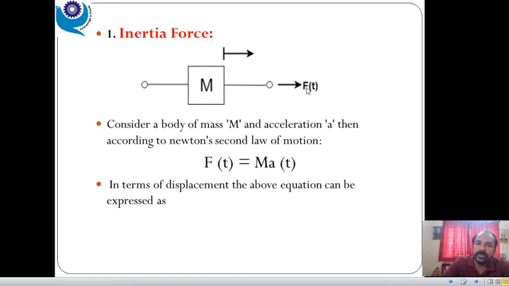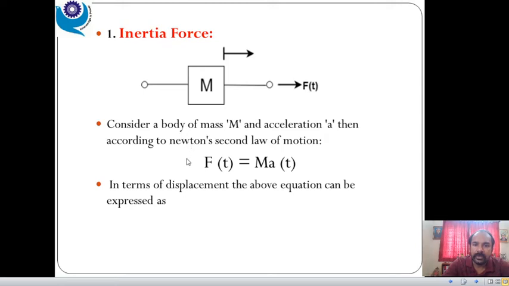We can take an example: suppose we apply a force on this in this direction, so displacement occurs in the same direction. So the displacement can be given as x of t. This is the direction of displacement, and this is the direction of force f of t. Here x of t is the displacement.